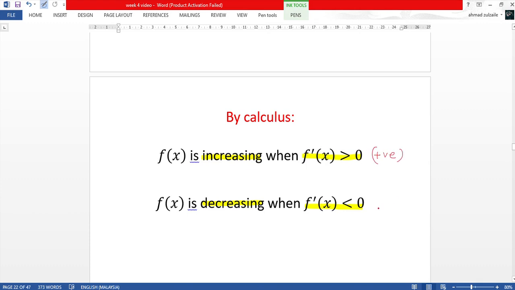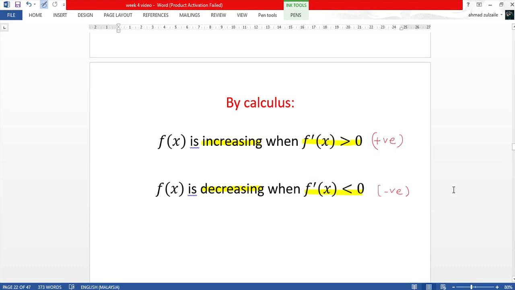For f prime x less than 0, you have a negative value. How do we know whether we get positive or negative? Substitute one of the values from the function into f prime. After you substitute, look at the value, whether you have positive or negative. If positive, it is increasing. If negative, it is decreasing. Okay, we will find out later. This is just in general.